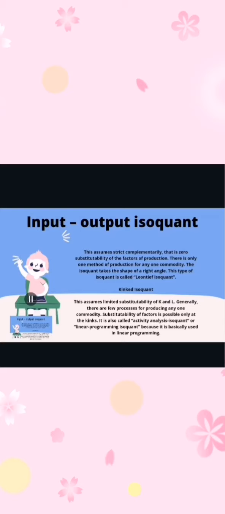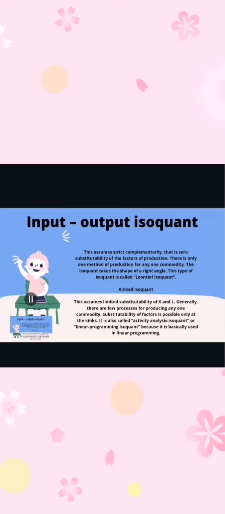Kinked isoquant. This assumes limited substitutability of K and L. Generally, there are few processes for producing any one commodity. Substitutability of factors is possible only at the kinks. It is also called activity analysis isoquant or linear programming isoquant because it is basically used in linear programming.